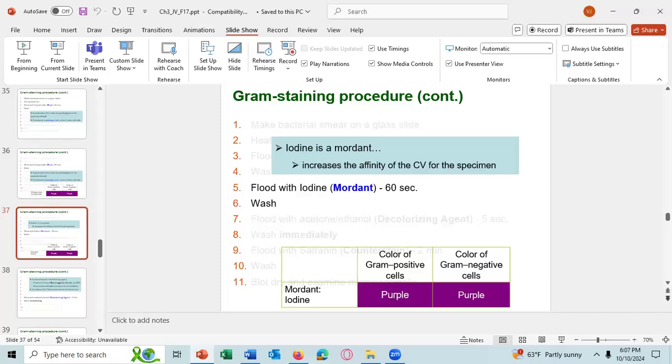The iodine will complex with the crystal violet, creating a larger complex in the bacterial cell that will make the cell slightly more visible, and then the color will be slightly more purple rather than bluish purple. You then dump off the iodine and then wash with cold water. Like I said, iodine here doesn't stain the cells, it's a mordant. It will change the color just slightly to a purple color, and then the cells will be a little more intensely stained.